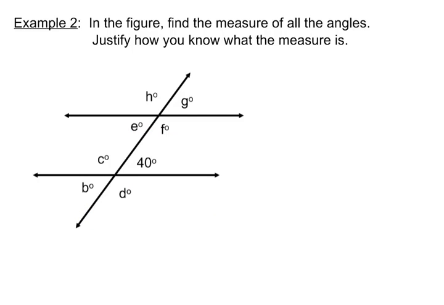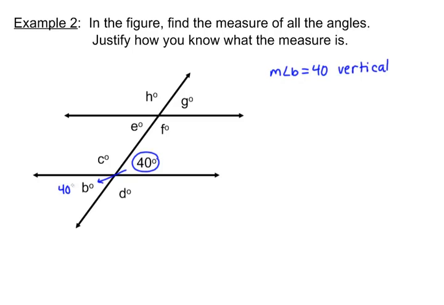Okay, we've got another example with angles. And now we have a transversal. So here we're starting at our 40 degrees. We could start this way. The measure of angle B is equal to 40 degrees because it's vertical.